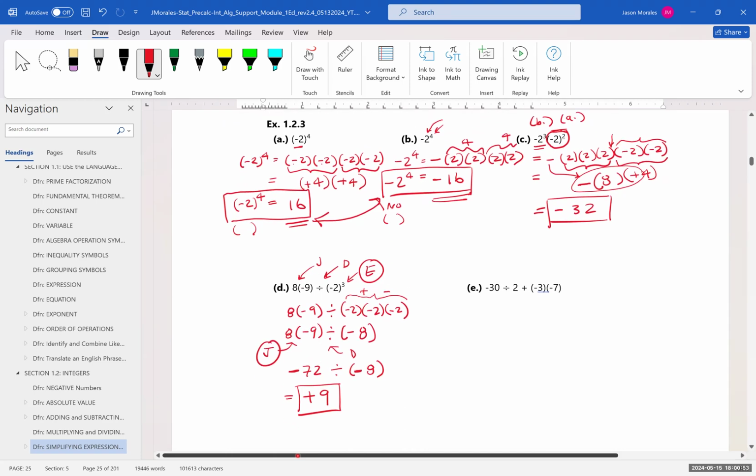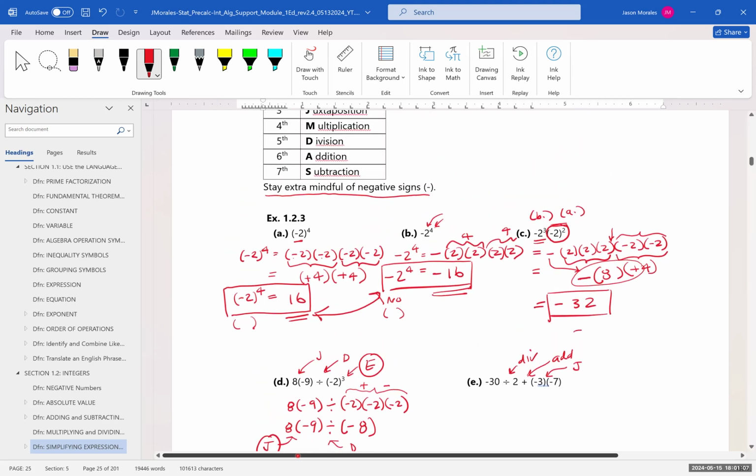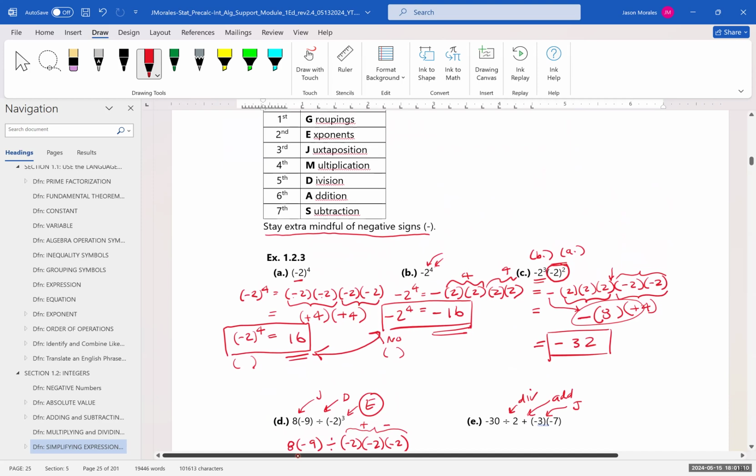All right, now let's look at part E. So part E, we've got division, we have addition, right here we have juxtaposition. So looking at order of operations, we can see that juxtaposition should come ahead of division and addition.